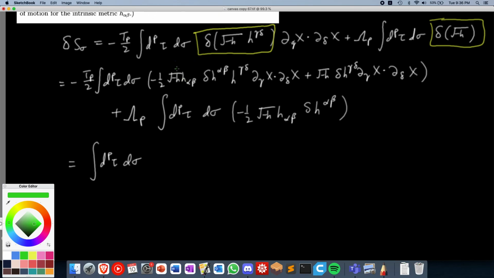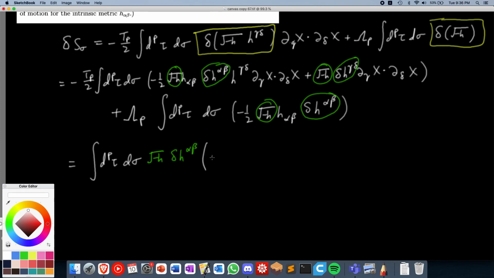There's a square root of minus h everywhere, and there's also a variation with respect to the metric everywhere. So let's factorize all those out. We get the square root of minus h, and then we get the rest of the terms.